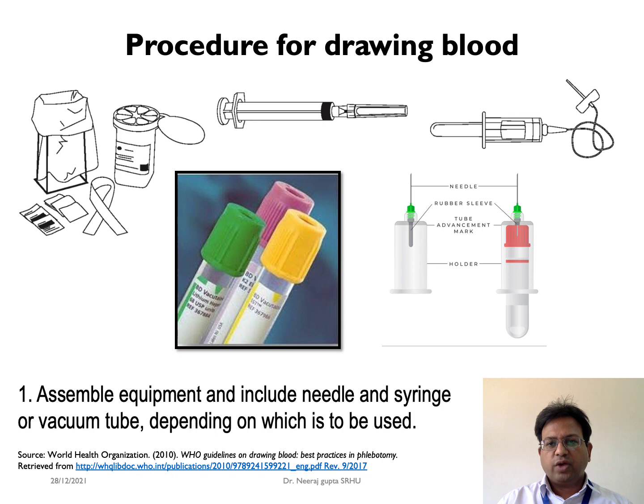In step 1, you have to collect all the equipment needed for the procedure and place it within safe and easy reach on a tray or a trolley, ensuring that all the items are clearly visible.